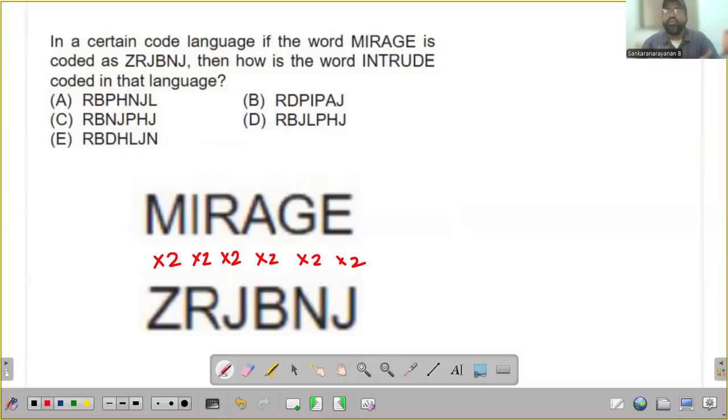A is 1, 1 into 2 is 2. G is 7, 7 twos are 14. I can see that N is 14. E is 5, 5 into 2 is 10. You can see that J is 10. So all those corresponding numbers, you are multiplying with 2.